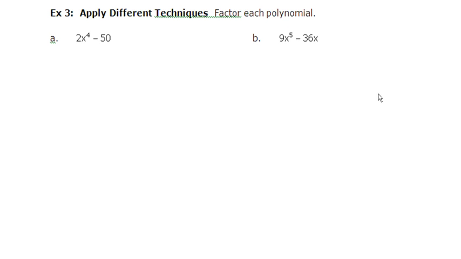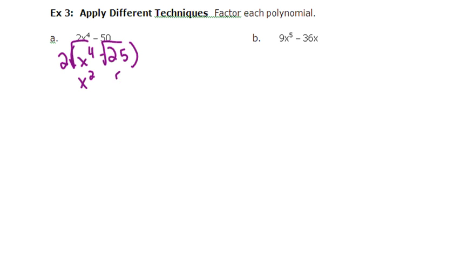So let's just try this using different techniques. So here, I see a GCF, right? I can take out a 2. So if I do that, I'm left with x to the 4th minus 25. Now here I have two terms and a minus sign, so I check for perfect squares. X to the 4th, the square root is x squared.